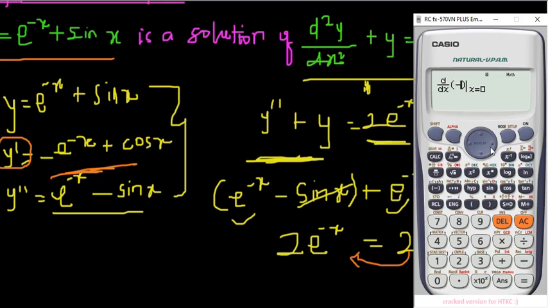Minus e exponent minus x, and then we have minus, no, that's positive, so positive cos x, and then you close your brackets.